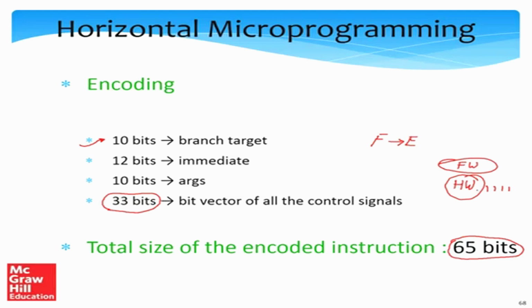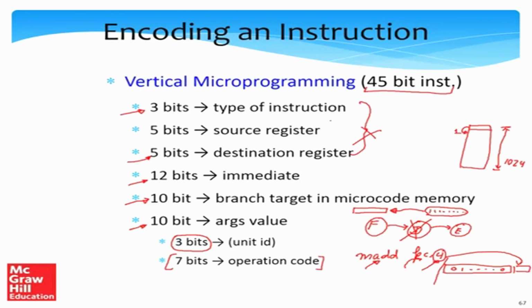Even if we change the design a little bit, these control signals will change, and as a result, the firmware will become useless. As compared to that, if we use vertical microprogramming and we still keep the register names and IDs the same, for example PC and IR and RS1 and RS2 and so on, and we make some internal changes and the control signals change, it will not affect us because we still have a decode stage.